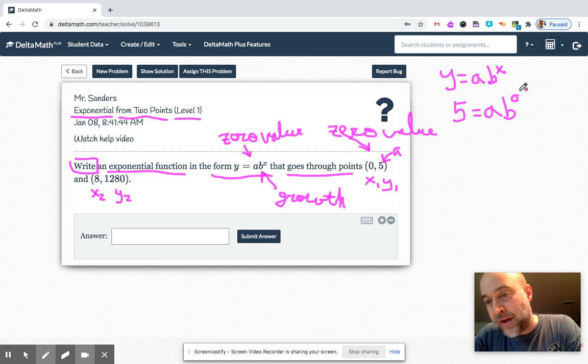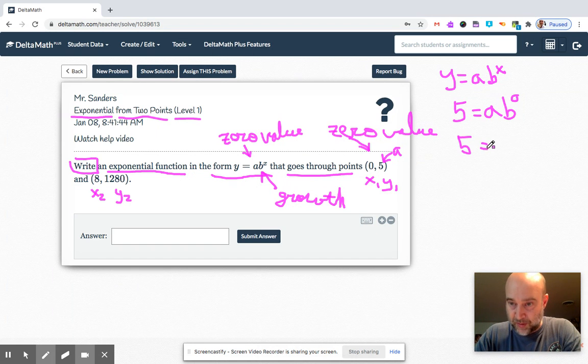It's always good to remind yourself anything to the 0 is what? Anything to the 0 is always 1. So simplifying, this is 5 equals a times 1. And there's our 5 for our a value. So there's our 0 value. So a we got taken care of already.